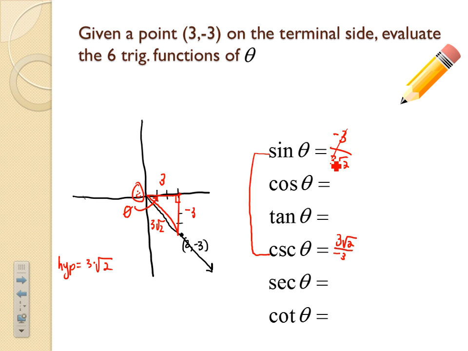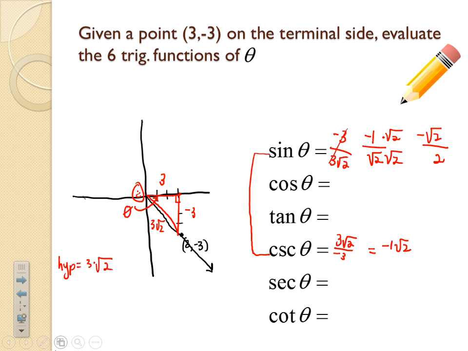So 3 and -3 cancel to make -1 over the square root of 2. So what I can do now is multiply the square root of 2 on top and the square root of 2 on bottom. I get negative square root of 2 over 2 times 2 is 4, the square root of 4 is 2. That would be my sine. My cosecant, I can simplify the 3 and the -3 by saying -1 times square root of 2.